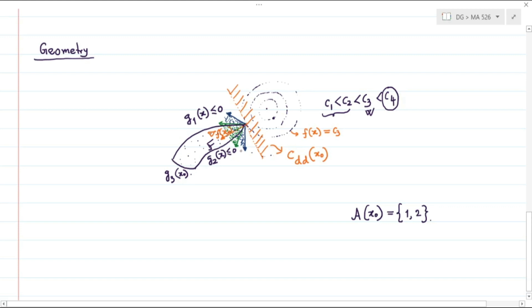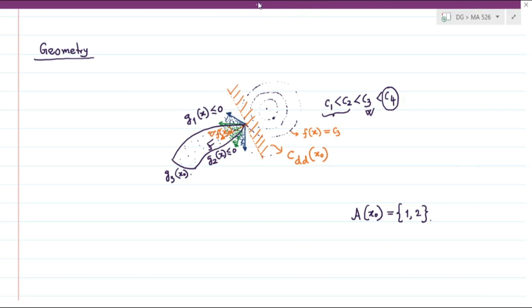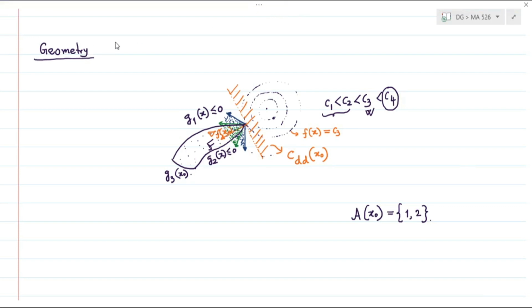Now here trivially from this figure you observe that at the optimum point the intersection of the cone of descent directions and the dual of the tangent cone, this blue region, this is your dual of the tangent cone, they have empty intersection. Fine.